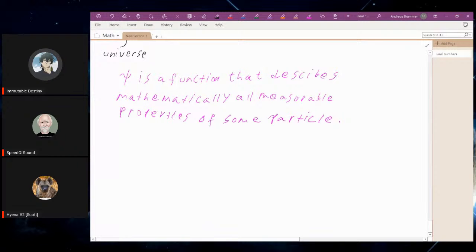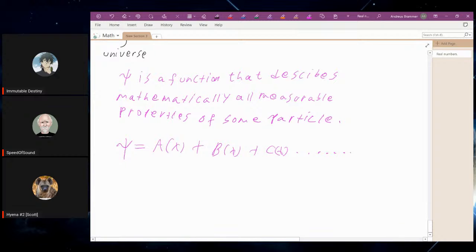And the other important thing about psi is that when we consider psi, we consider it to be a combination of functions. So it might be some function a of x, which is unknown, plus some other function b of x, plus c of x, and so on. Great.